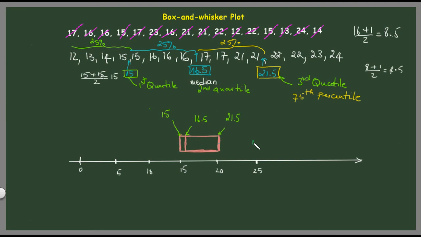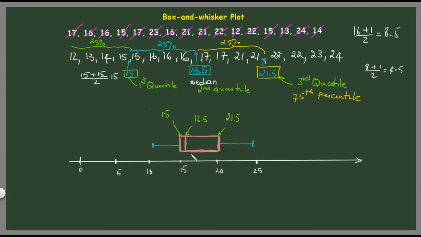They are only vertical lines, representing the entire range of data. So from here to there, this is 24. And what about here? It is 12. So right here. Okay, and I plot it in. Those are the whiskers, and the box is in the middle.